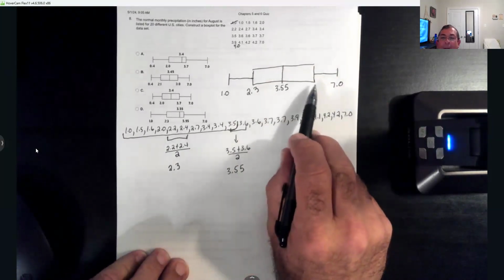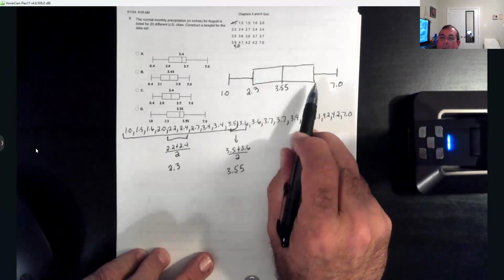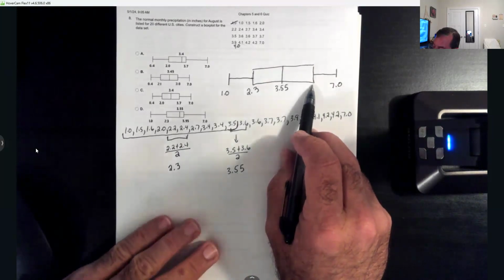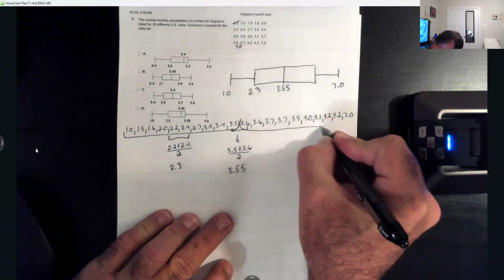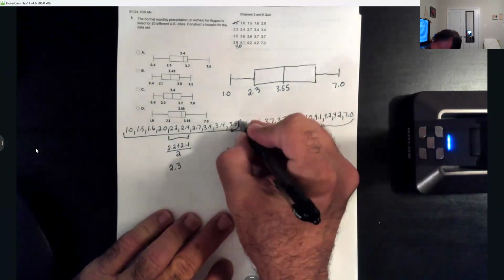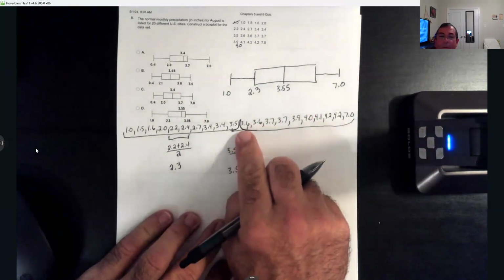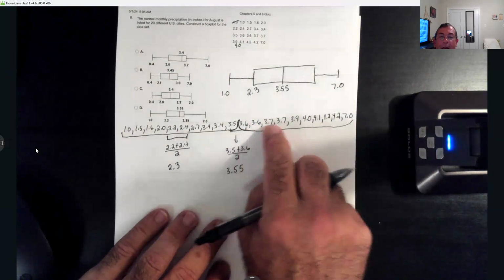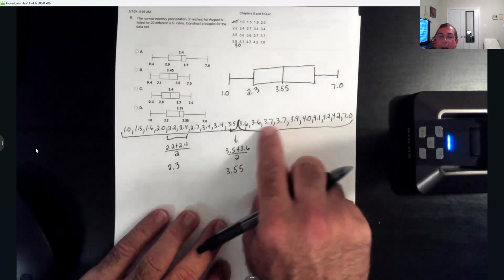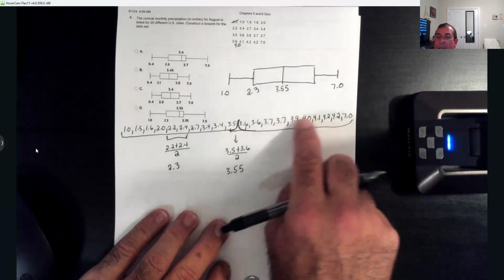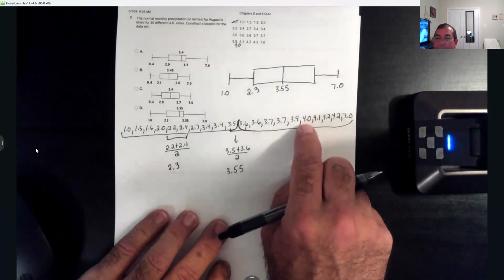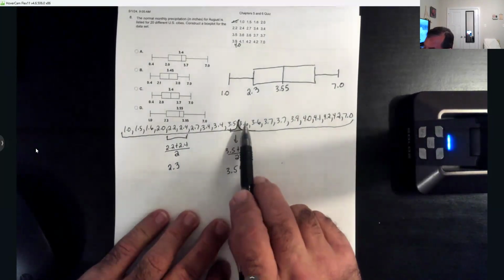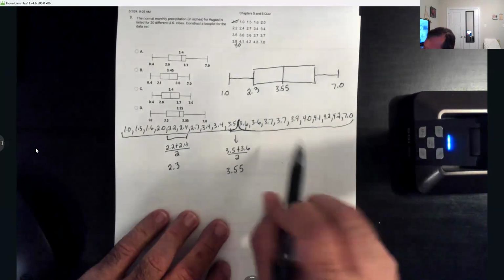So now we got to find the upper quartile. To find the upper quartile, we take the upper 10 data points, starting with the 3.6, you do the final 10 here. And remember, since it's an even number, we got to get the two innermost, add them and divide by 2. So let's see, 1, 2, 3, 4, 5.